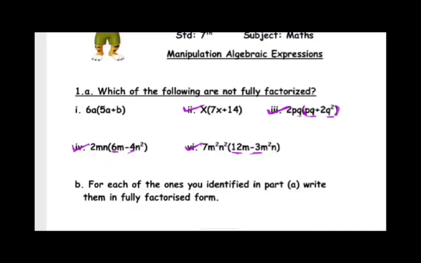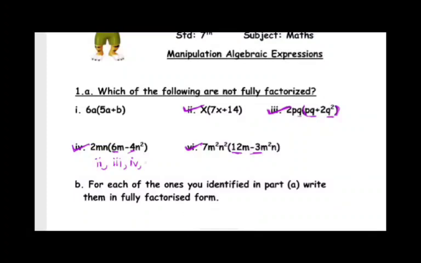So to answer this, which of the following are not fully factorized, you can say sum number 2, sum number 3, sum number 4, and sum number, I missed out on the number, I guess, so I've wrongly numbered it.